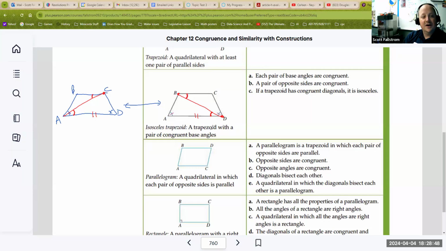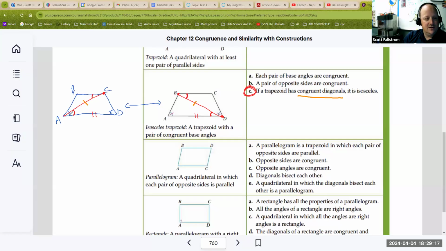Oh, I just thought of an even quicker way. But yeah, so this one right here is going to work great for this one. And here's why. Because, watch this. Let me get a thicker pen here. What I want to show you is if the diagonals are congruent, then I do have two triangles that are congruent.